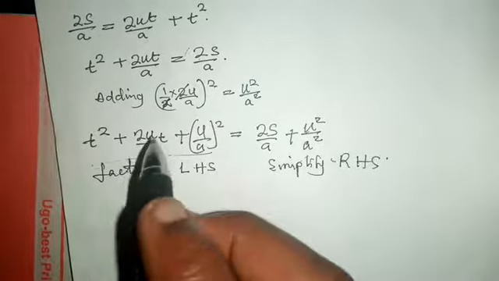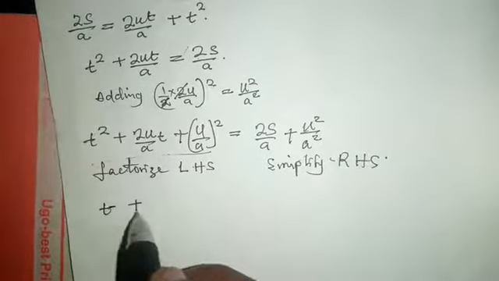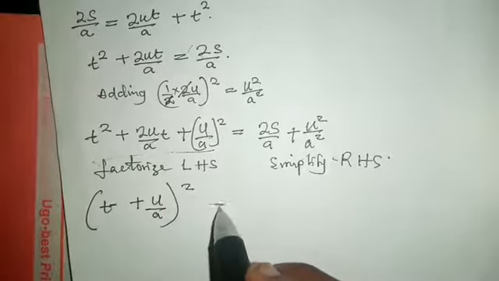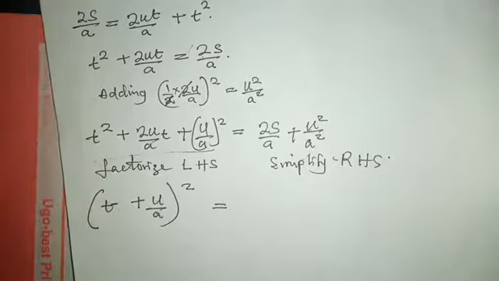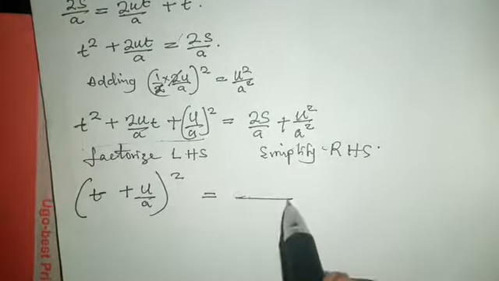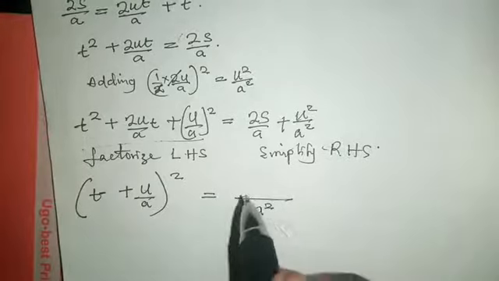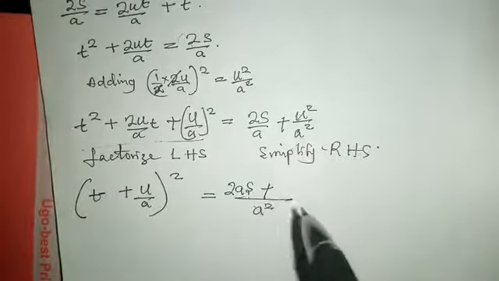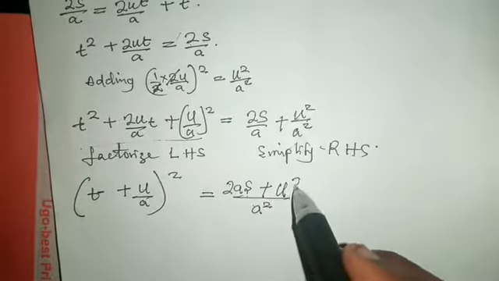To factorize a perfect square, we have t plus u over a all squared equal to. To simplify the right hand side, I know that the LCM is a squared. Then the answer is going to be 2as plus u squared.